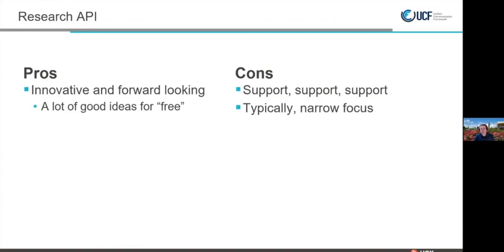So this is a good place to experiment and see what is next in terms of implementing support for different devices. But then, of course, the big con is that support is limited to the research team that's developing it. So you really need to have buy-in from a larger community and or a vendor to get these to be well supported.